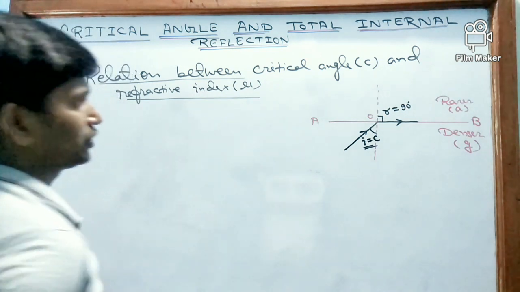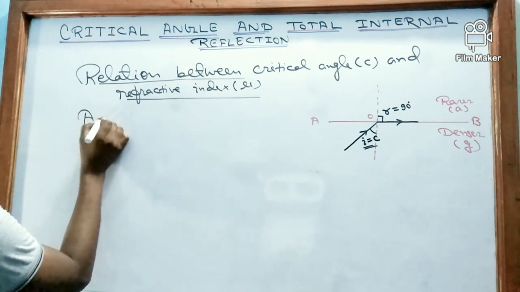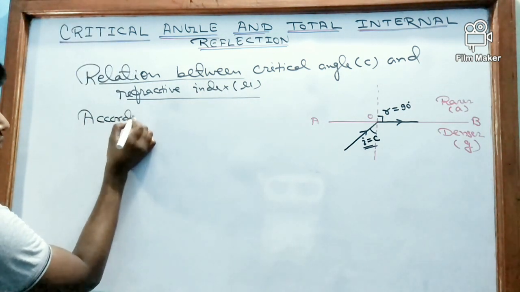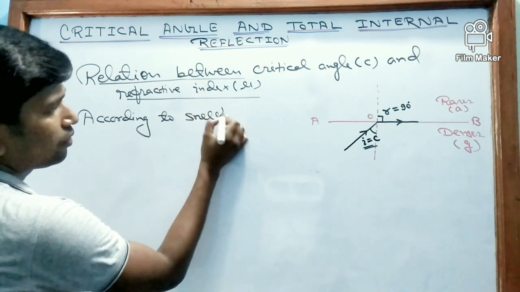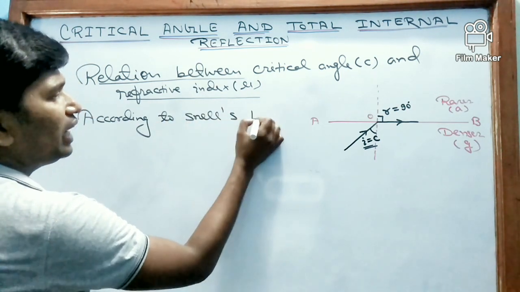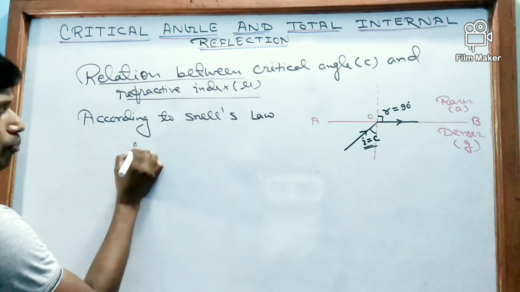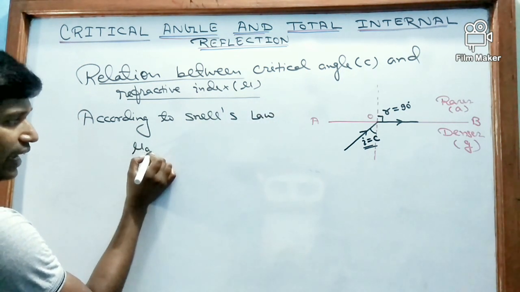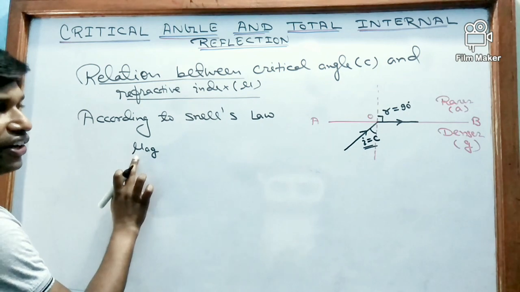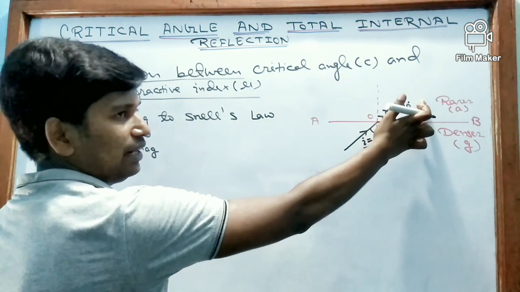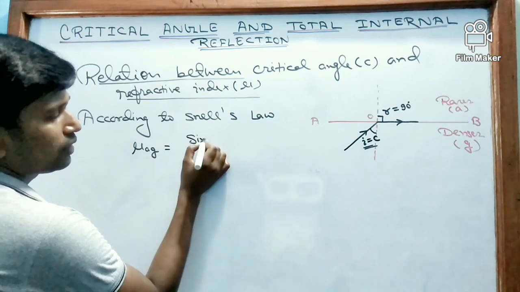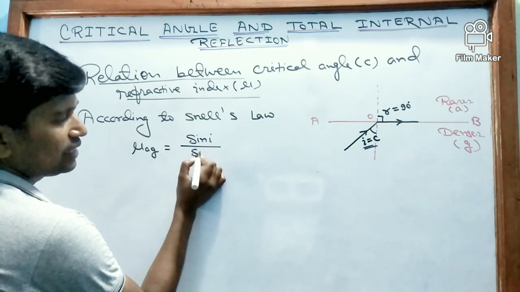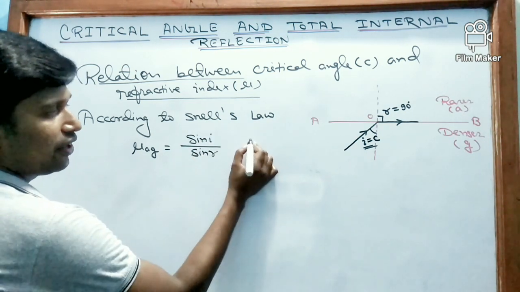So let us derive the relation. According to Snell's law, we know that mu a g, the refractive index of the second medium with respect to the first medium, equals sin i by sin r.